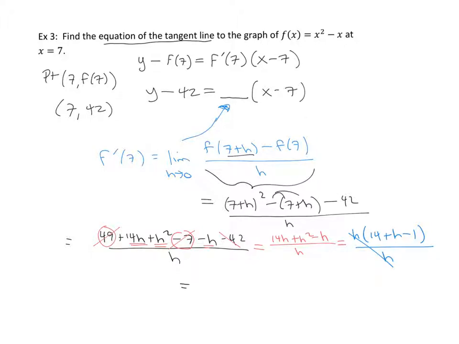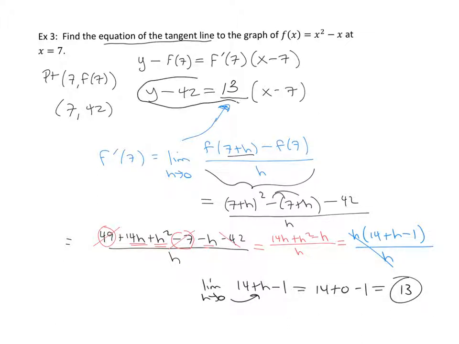So this is the limit as h goes to 0 of 14 plus h minus 1. Putting in 0 there, you get 14 plus 0 minus 1, which is 13. And so that is the slope of the tangent line, because it's the derivative at 7. And there is my equation of my tangent line.